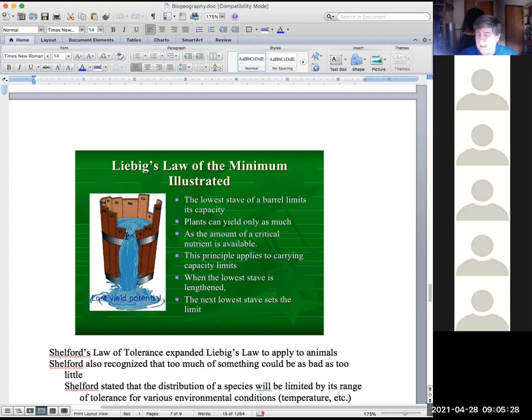But if we need 1 cup of sugar to make 1 cake, if we have 2 cups of sugar, we can only make 2 cakes. So this is very similar to the idea of a limiting reactant in chemistry. Instead of setting limits on what our product is, this minimum necessary factor sets limits on how big our population can get.